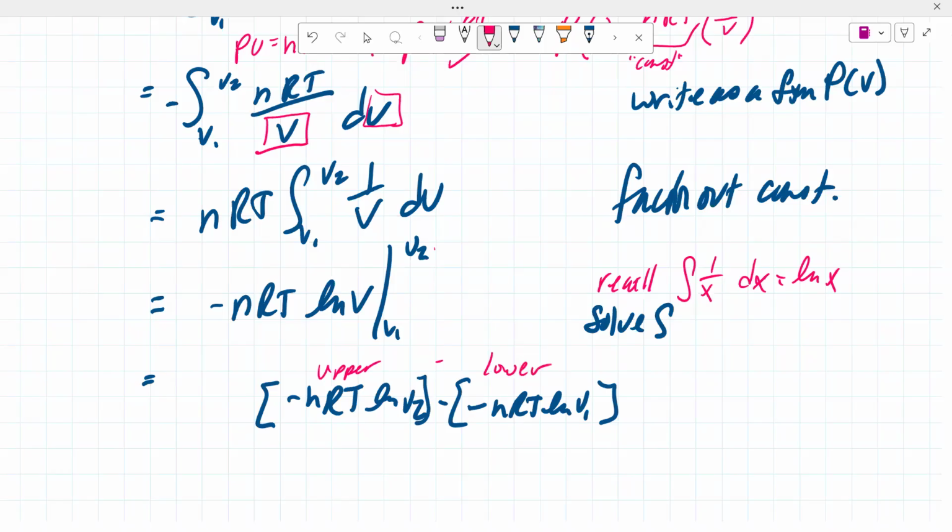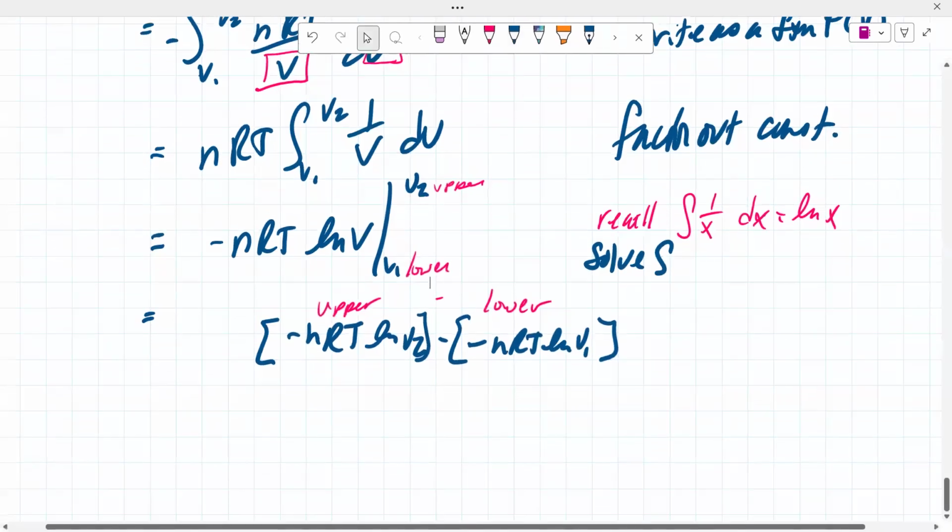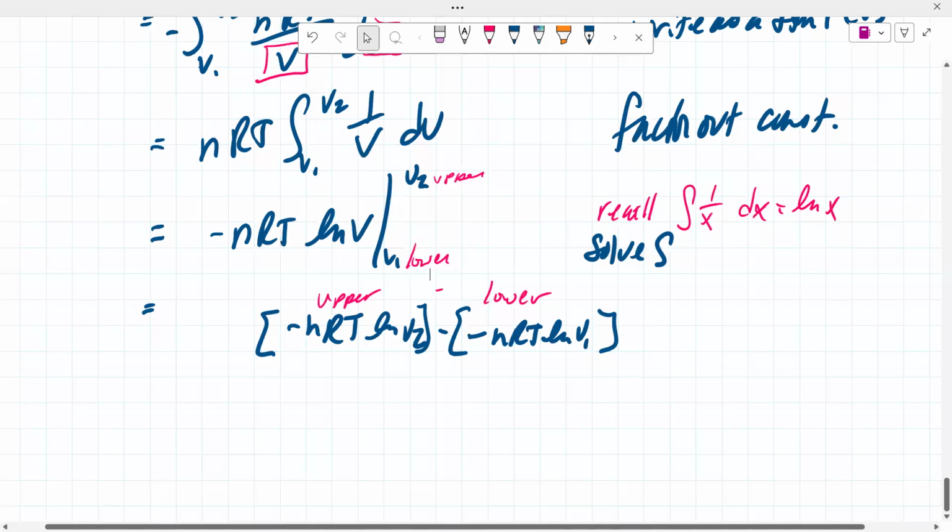Remember, you have your upper bound and you have your lower bound. This is calculus stuff that hopefully is ringing a bell here. And so now we're going to remember our rules from laws of logarithms. All right, so this was substituting in the bounds.